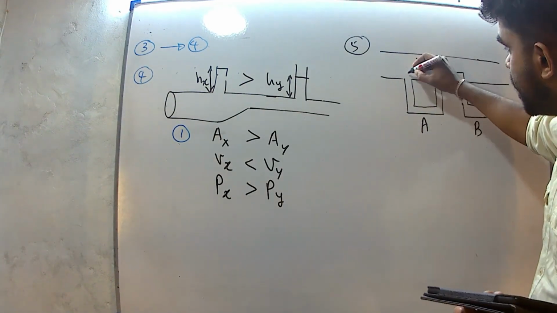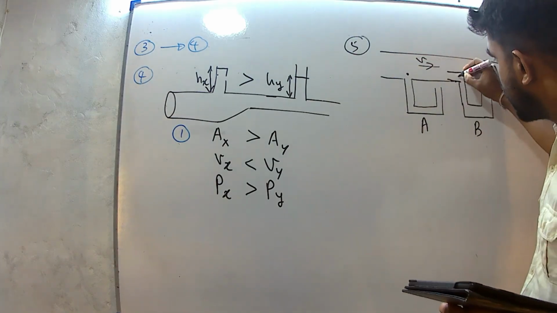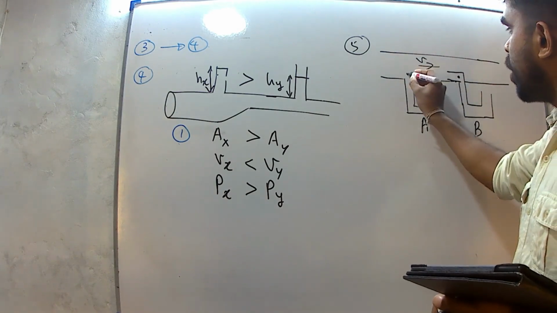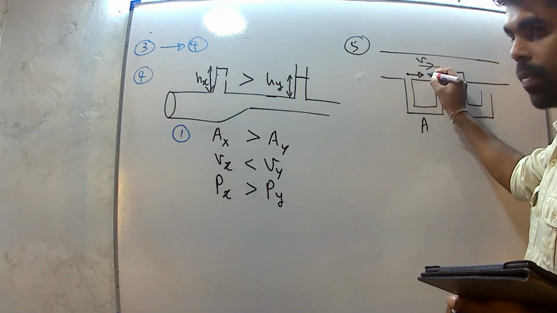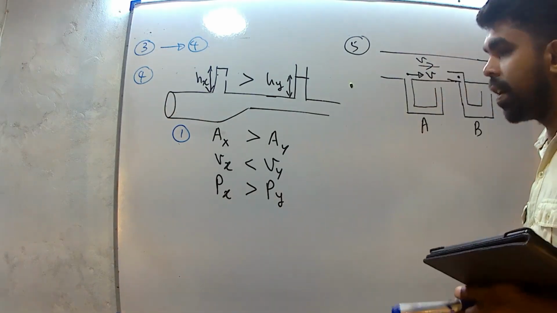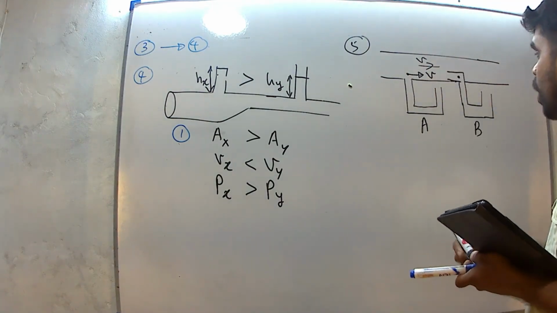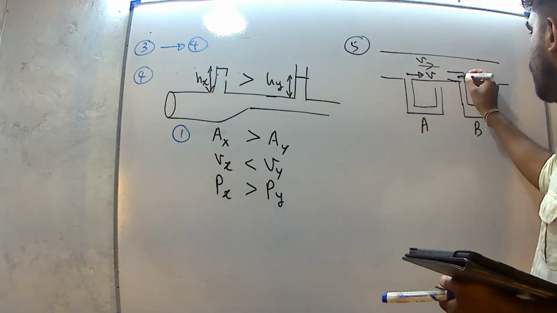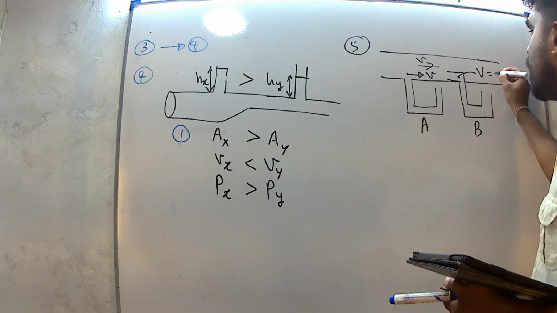Then considering this point and this point, we know that velocity of flow for this point is V. It is equal to the velocity of flow in the tube. And velocity for this point should be 0.